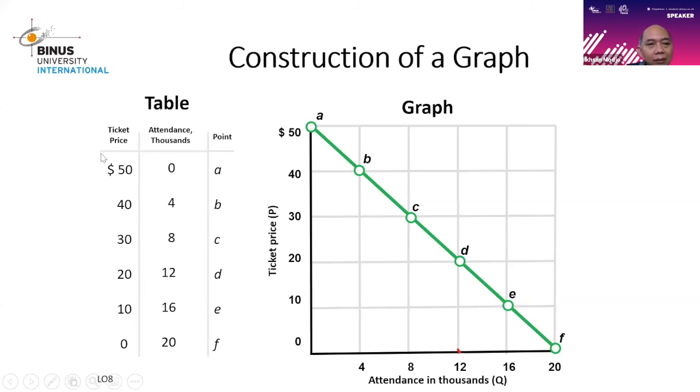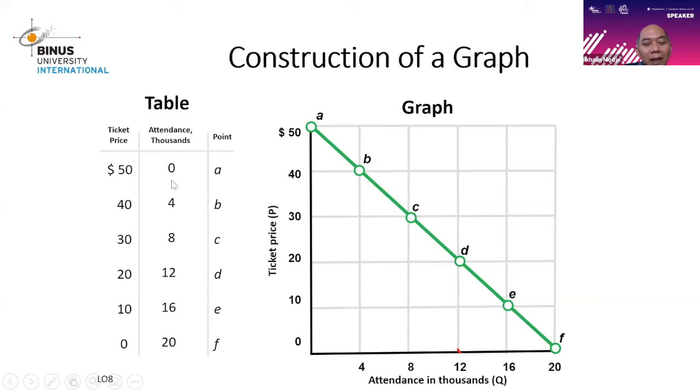And this is the relationship between ticket price and attendance, which again makes sense. When the ticket price is 50, too expensive, nobody's gonna attend the concert, yeah. But when you lower it, yeah.